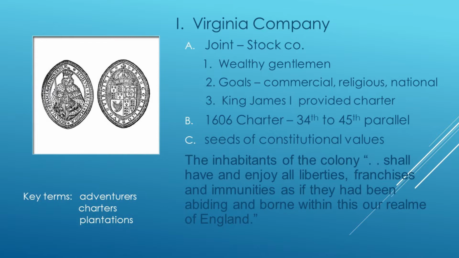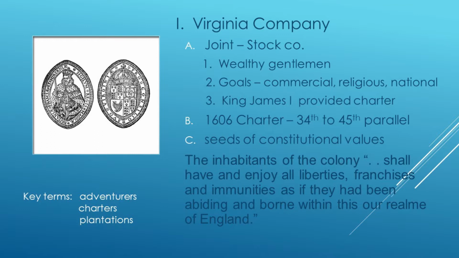So what he is saying is that even though they venture to America and establish a colony and live there generation after generation, they are to have the same rights as if they had been born in England and lived in England. This, in the future, will be very important when we get to the era of the Revolution.